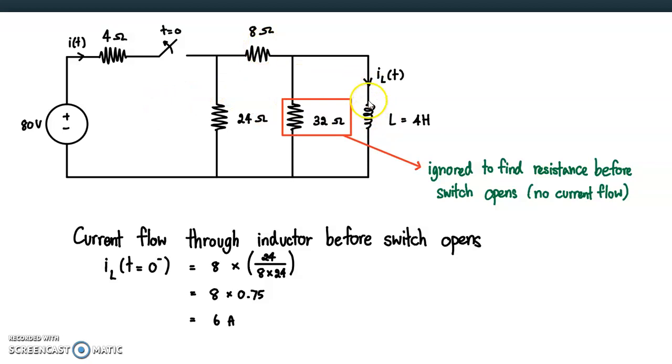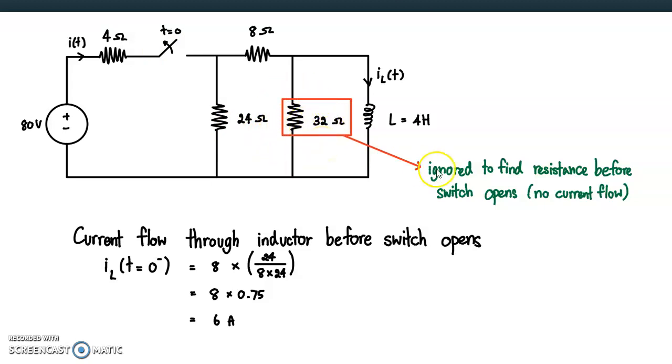If you calculate, you can see that this 8 ohm resistor is in series with this 24 ohm resistor. Once you get that, you will get 32, which in turn will be parallel to this 32 ohm over here.